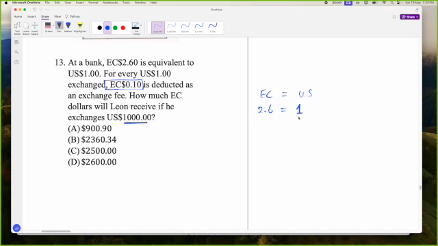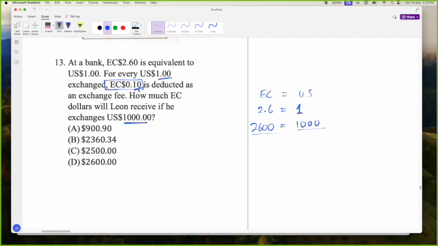So 1 US is 2.6 EC. For 1,000 US, I'll have to multiply by 1,000. That is 2,600 EC. So if he changes 1,000 US, he'll get 2,600 EC if he just changes it just so. But we have an exchange fee for every $1.